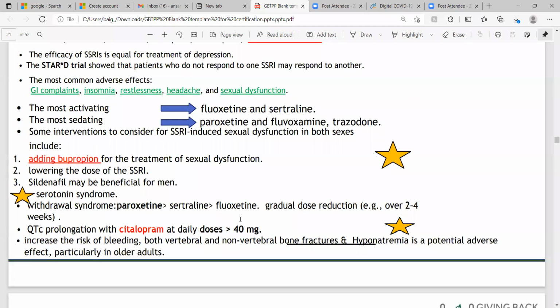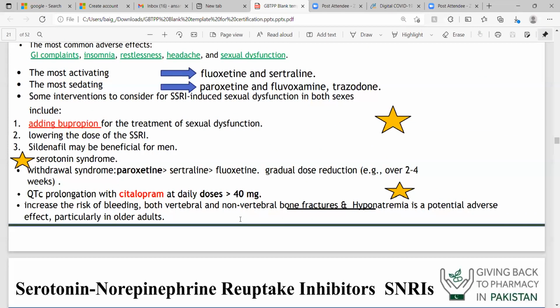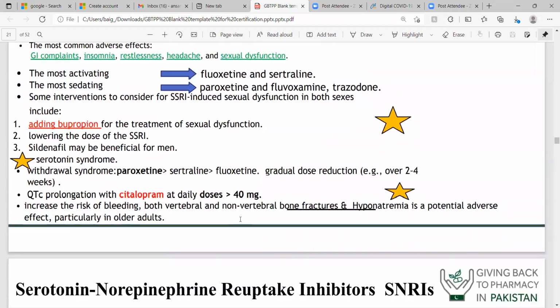Also, one more common side effect for the SSRIs is bone fracture, and hyponatremia we have to think about. So nausea, vomiting, headaches, sexual dysfunction, QT prolongation, bone fracture, and electrolyte disturbance, mainly sodium. All those are the common side effects for SSRIs.